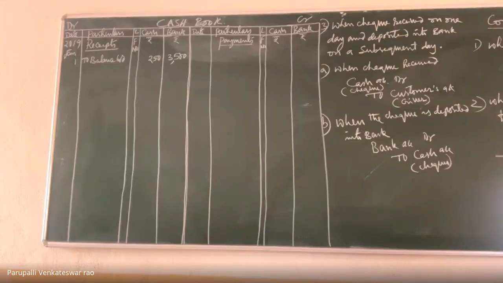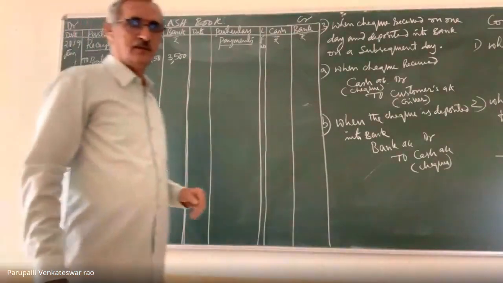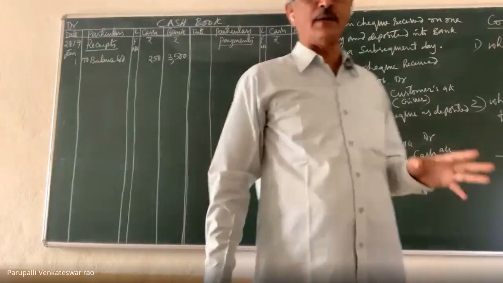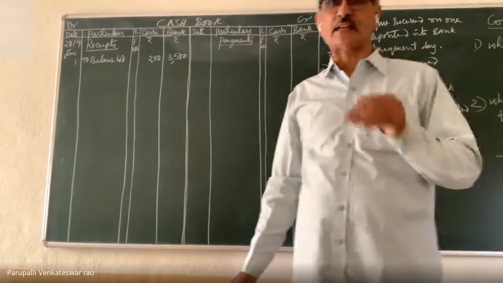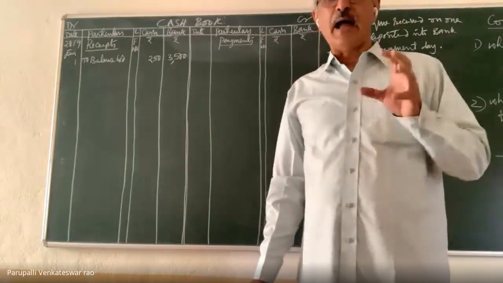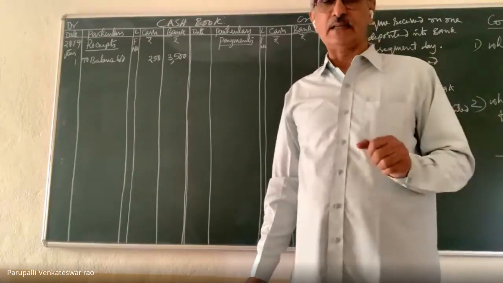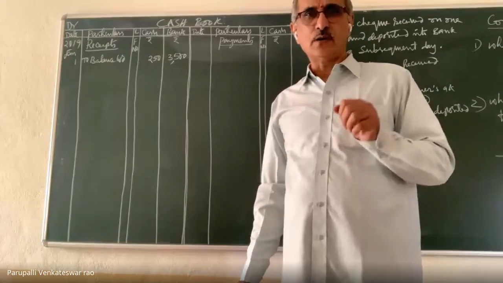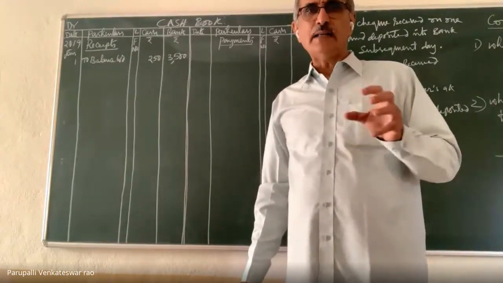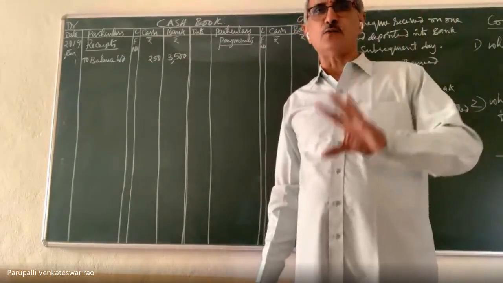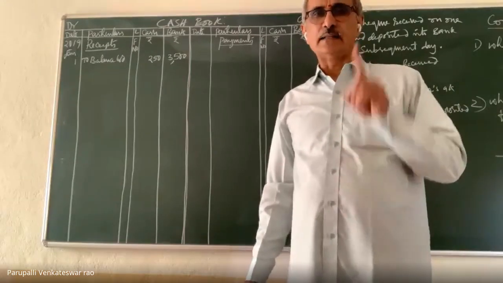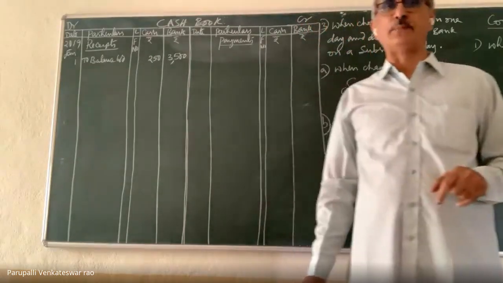When our money is there in the bank, it is a favorable balance. This will come on the debit side of the cash book. It is an asset. Cash at bank is shown on the asset side of the balance sheet. Bank overdraft is the money we have to pay to the banker. Yesterday I told you, what is overdraft? The money drawn in excess of what we have deposited. It is a liability, so it will appear on the liability side.